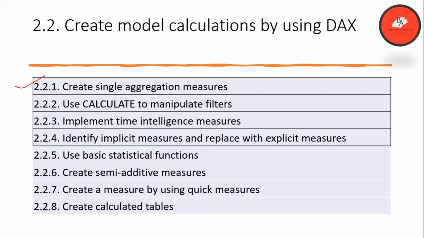These DAX functions used in Power BI have multiple types of calculations in them. You can do simple calculations, 1 plus 1 type of things, and you can also create some SQL sort of long queries.